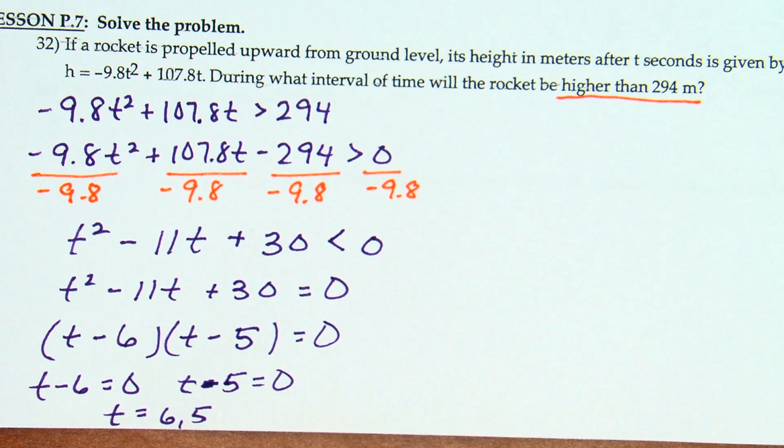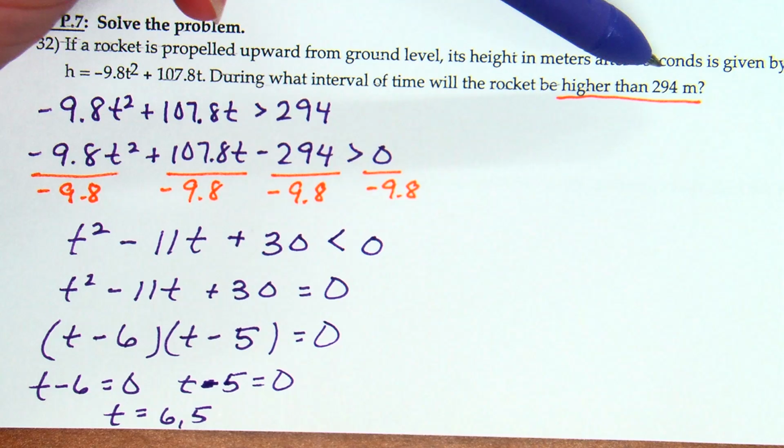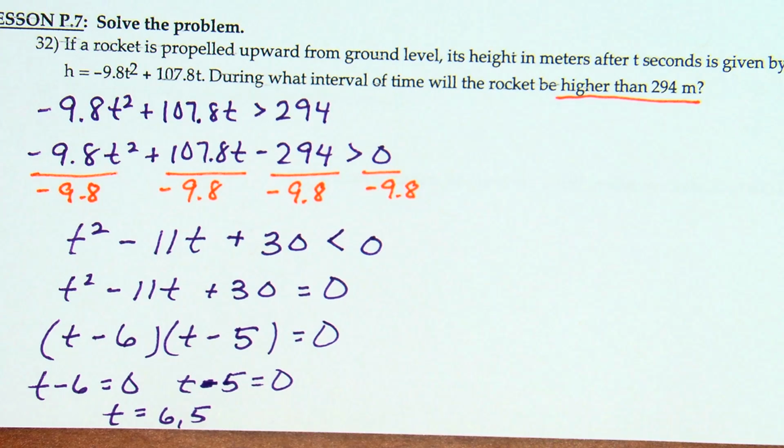Now keep in mind, this 5 and 6 are actually going to be the times that our rocket is at exactly 294. Does that make sense? Because I turned this into an equal sign to actually solve it. So this 5 and 6 is where the height of the rocket is at exactly 294 meters.